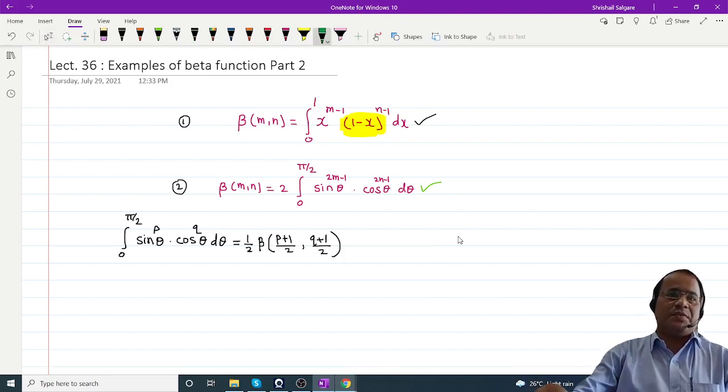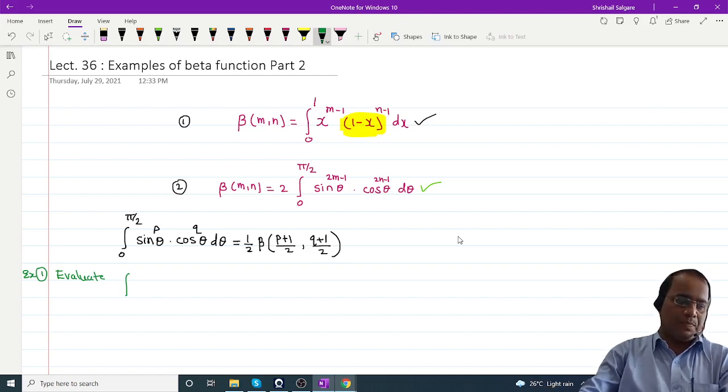Suppose the first example, you have to evaluate the integral from 0 to pi by 6 of sine of 6 theta whole squared into cos of 3 theta whole raised to 6 d theta.